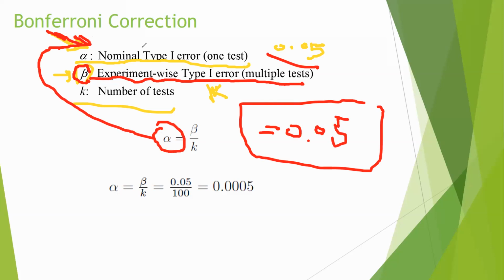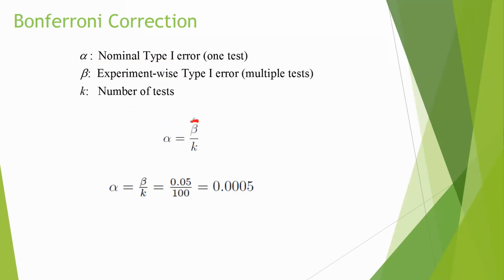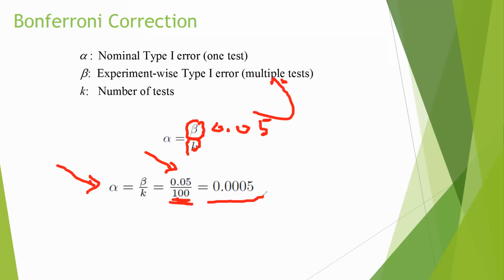This is what the Bonferroni correction is saying here. We divide this target 0.05 by the number of tests. Suppose here we test 100 loci, and we want to keep the family-wise type 1 error equal to 0.05. For each individual test, we have to use this stringent cutoff for a single test.